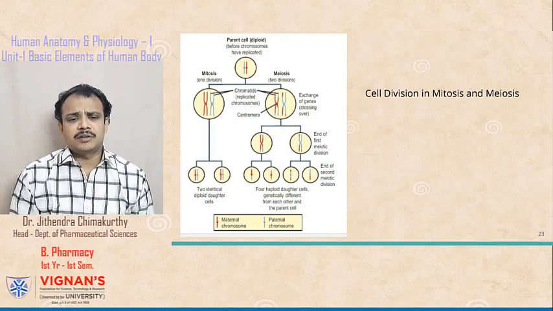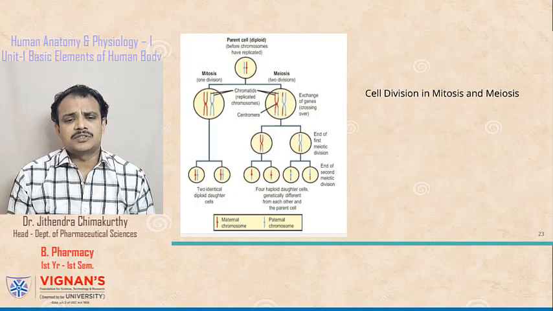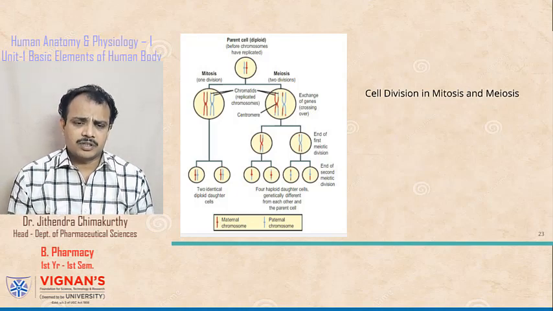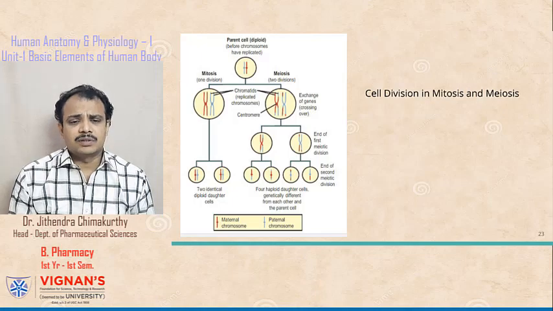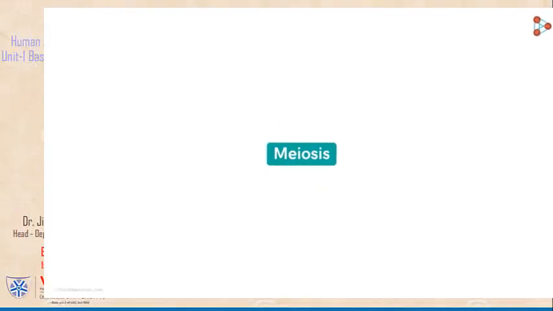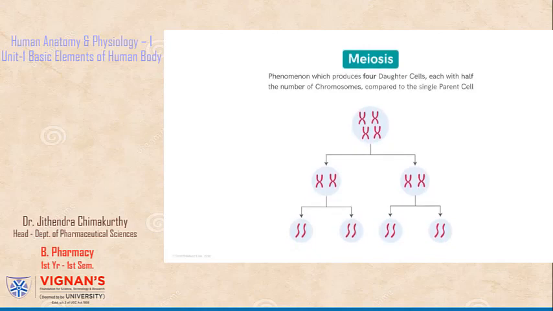So at the end of meiosis, it leads to the formation of 4 daughter cells, and these 4 daughter cells have only 23 chromosomes. This is an exceptional phenomenon which produces 4 daughter cells, each with half the number of chromosomes compared to the single parent cell.